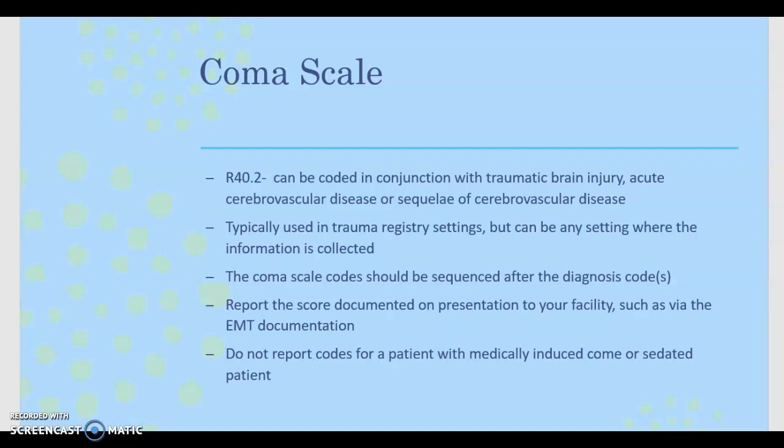So if you are coding a Coma Scale code, you sequence it after the diagnosis code, like a traumatic brain injury. And you can get the Coma Scale documentation from maybe the ambulance, the EMT report. It doesn't have to come from the physician. And then finally, please note that we don't use a Coma Scale on patients that we've medically induced into a coma or sedated.